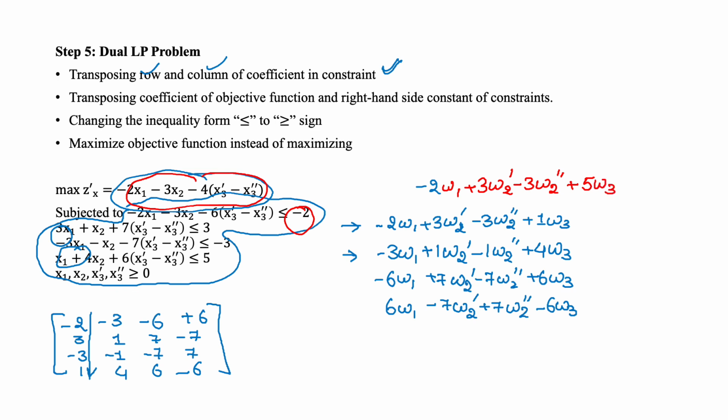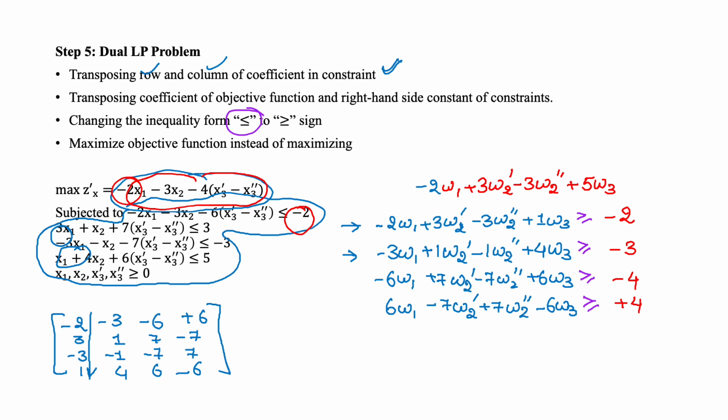So those are the coefficients of my objective function. Similarly, minus 2 will become the constant of the first constraint, minus 3 will become the second constraint constant, then minus 4, then plus 4.